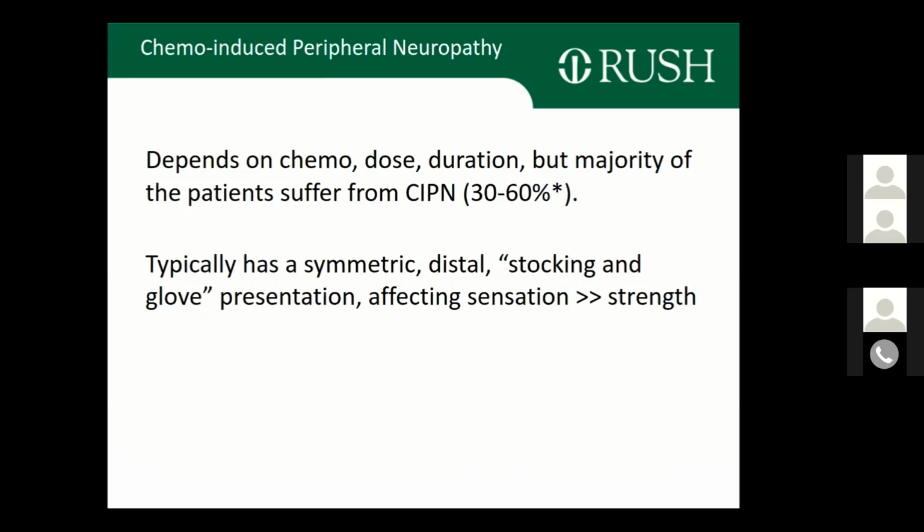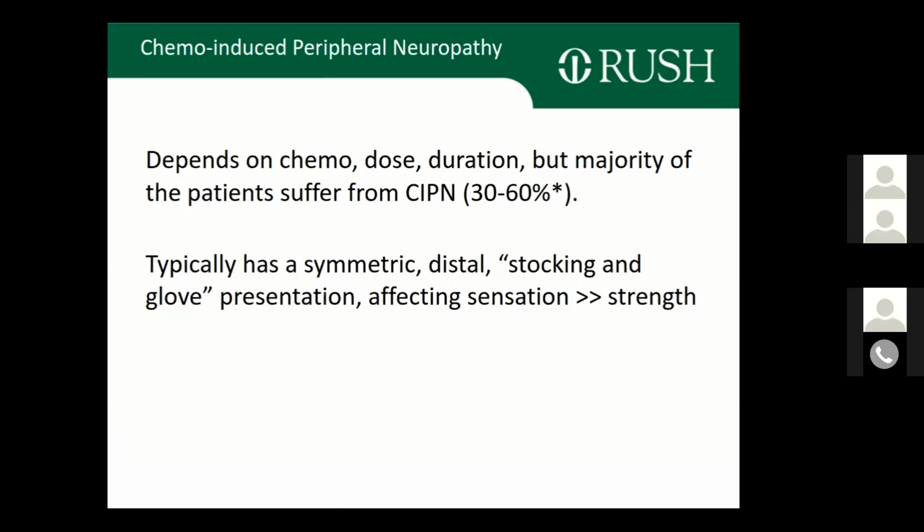I put a little asterisk next to it because that number varies pretty widely depending on when you measure it from the chemotherapy and what kind of rulers or measurements you're using to define the peripheral neuropathy.